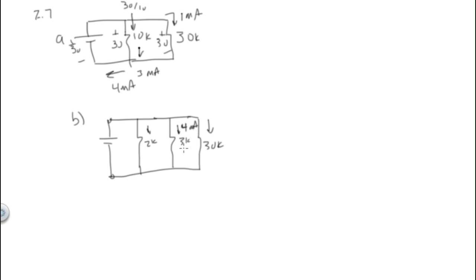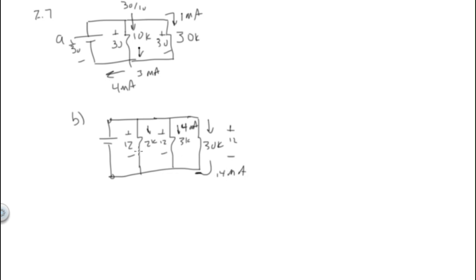So 4 milliamps, 3K is 12 volts. Plus 12 minus here, plus 12 minus here. So I have 30K and 12 volts. That gives me what? That's 0.4 milliamps coming around here.